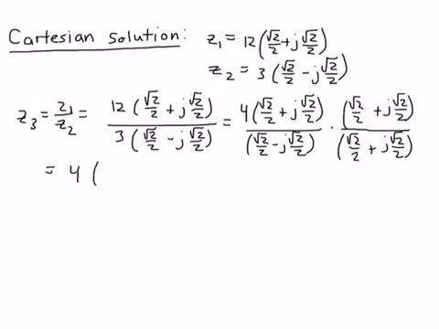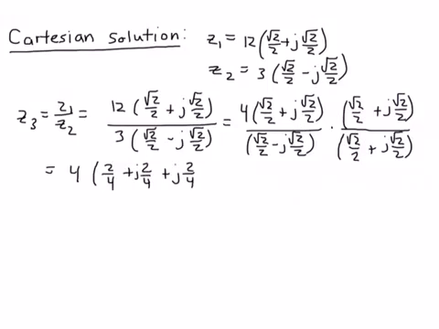So I'm going to get root 2 over 2 times root 2 over 2, which is simply 2 over 4. Then I've got root 2 over 2 times j root 2 over 2, that'll be plus j 2 over 4. Then I've got the other factor, j root 2 over 2 times root 2 over 2, so that's another plus j 2 over 4.